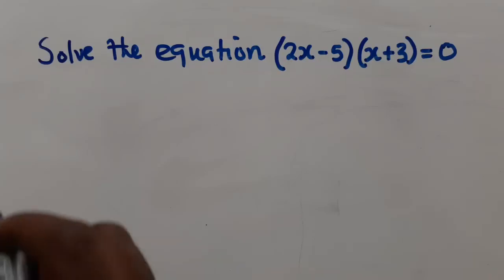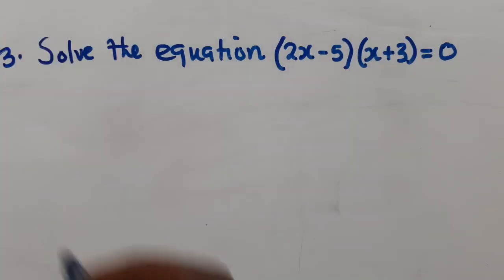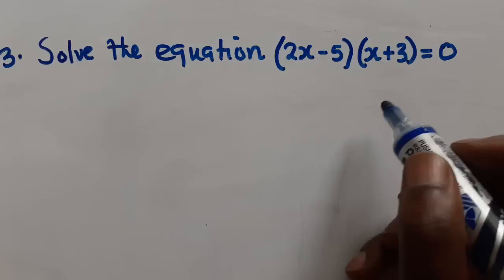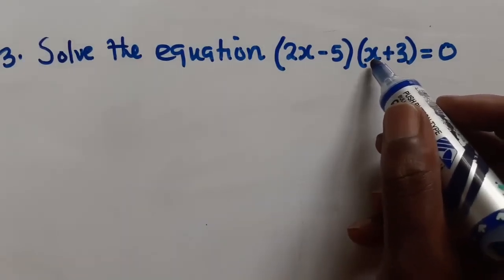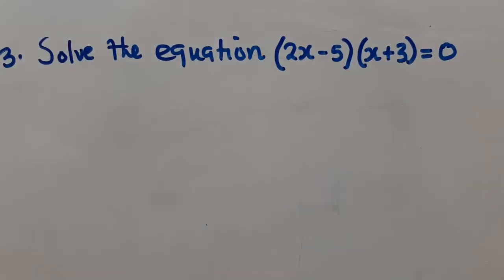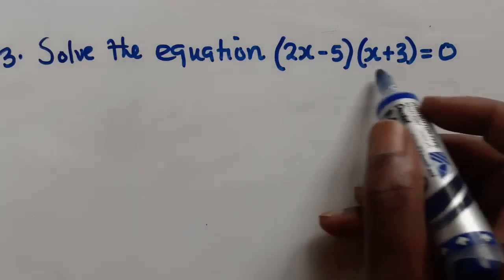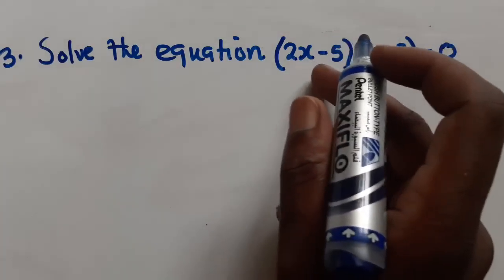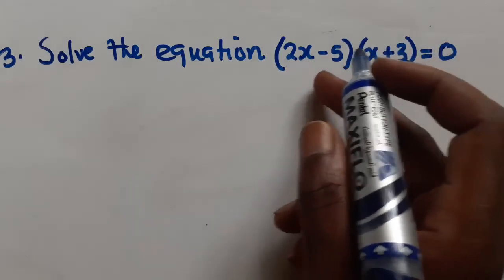So we come to question 3. Alright, solve the equation 2x minus 5 multiplied by x plus 3 is equals to 0. So in this case, what do we see here? These factors here, we already have 2 factors here. It's like we had the quadratic equation and now it's already factorized.